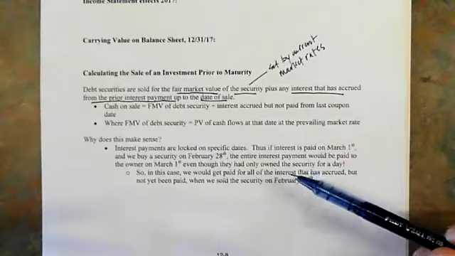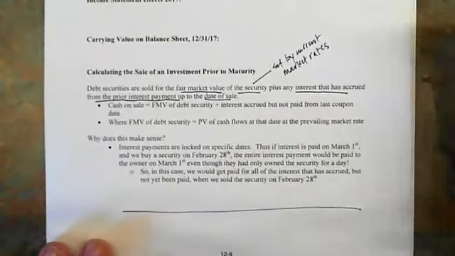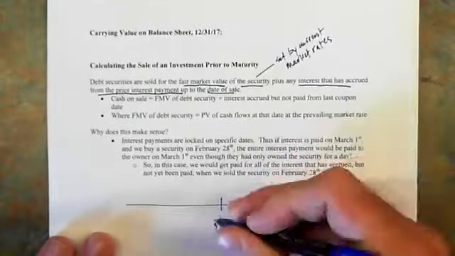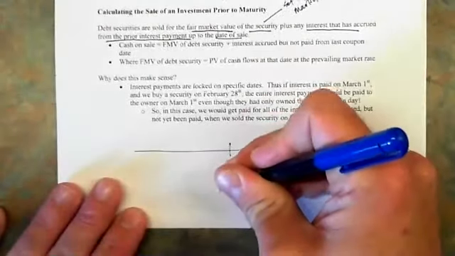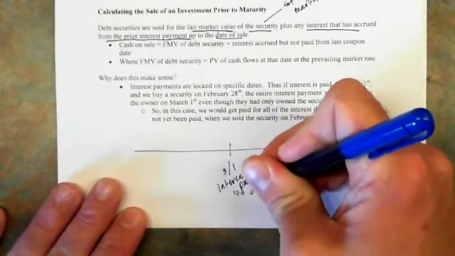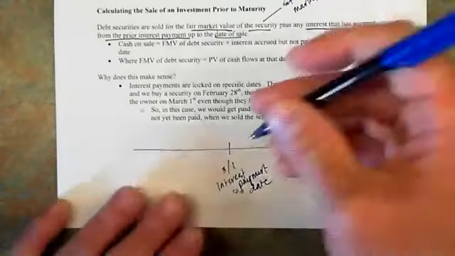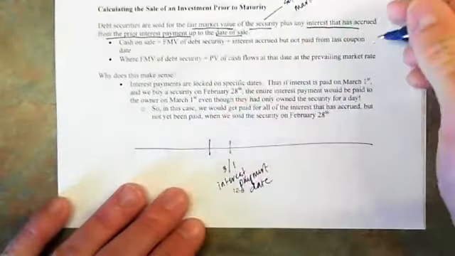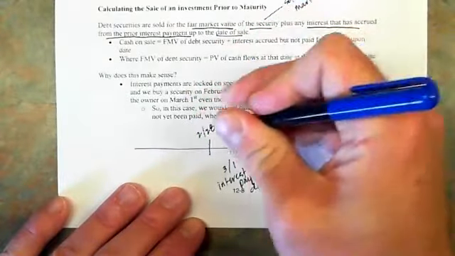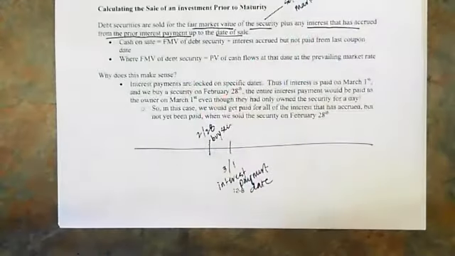So again, why does this make sense? Well, just think of it in a really extreme example. So if you're on a timeline and if interest is being paid on March 1st of a year, so March 1st is my interest payment date, and we buy a security, let's say on a year that is not a leap year, but on February 28th, and we're not the first owner of this security, right?